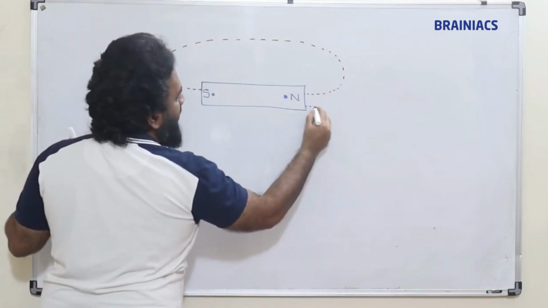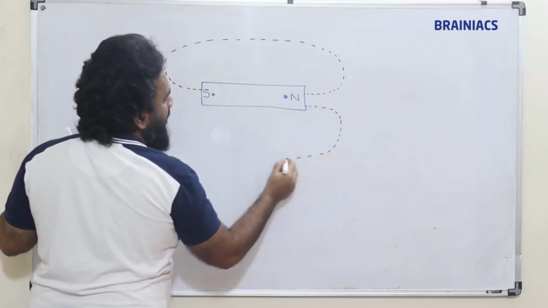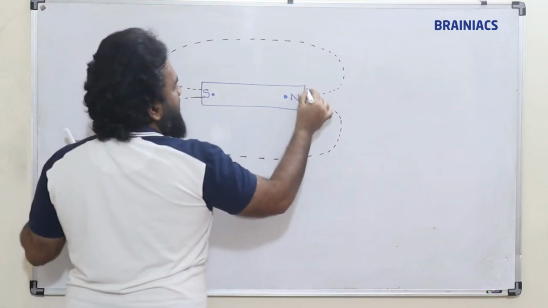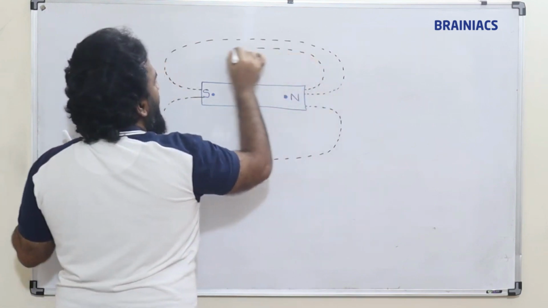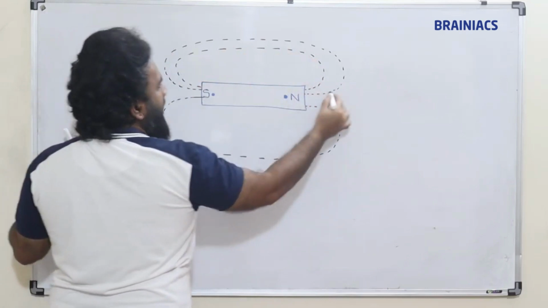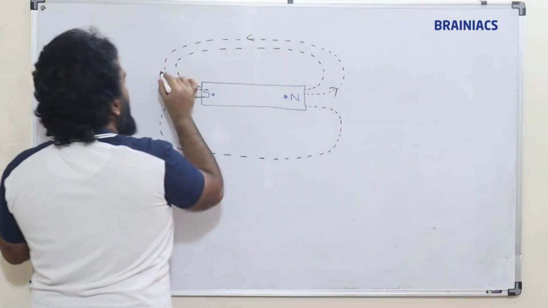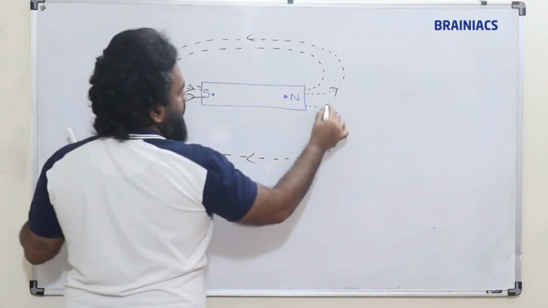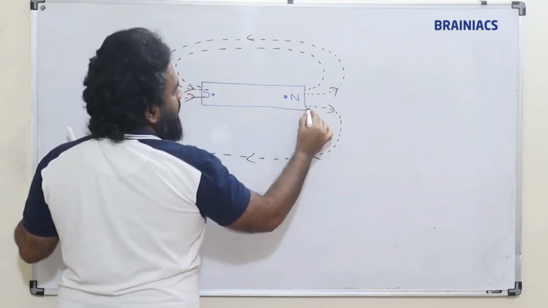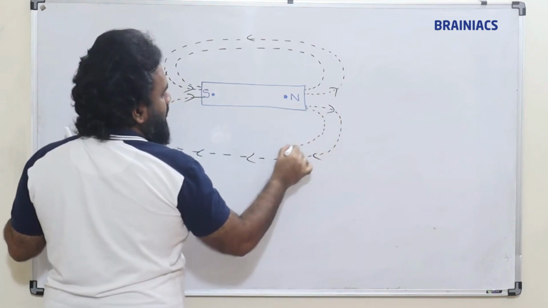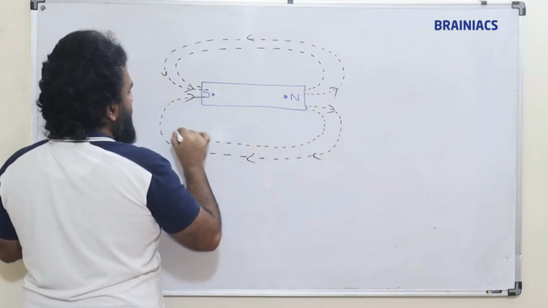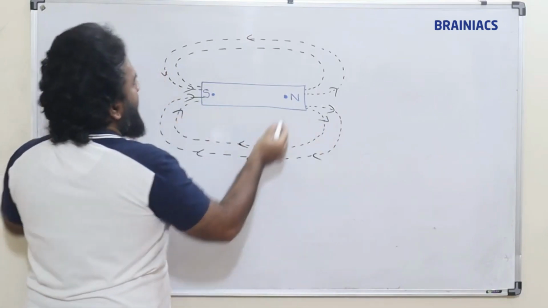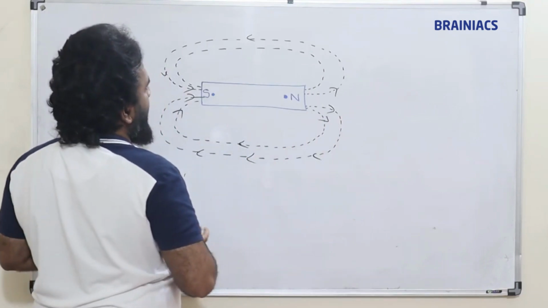Same way from here also they will emerge from north and join at south. Arrow, arrow, arrow, arrow. Okay, clear?